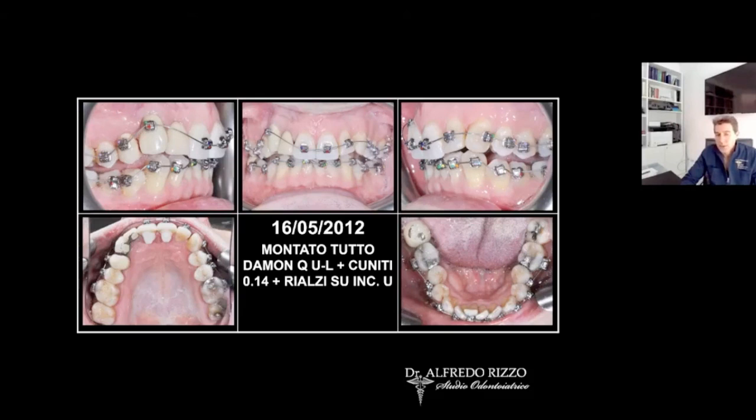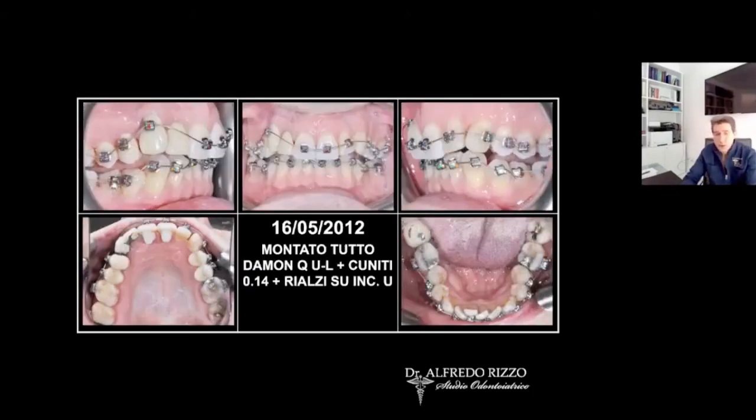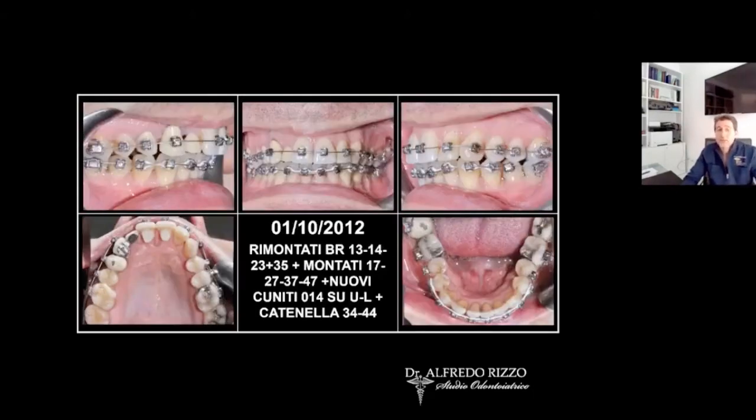The wire is copper NiTi 0.14. Of course, due to the crowding, some brackets were not bonded immediately, so I used ligatures in order to slowly move the teeth towards the wire before I could put the wire through the bracket.